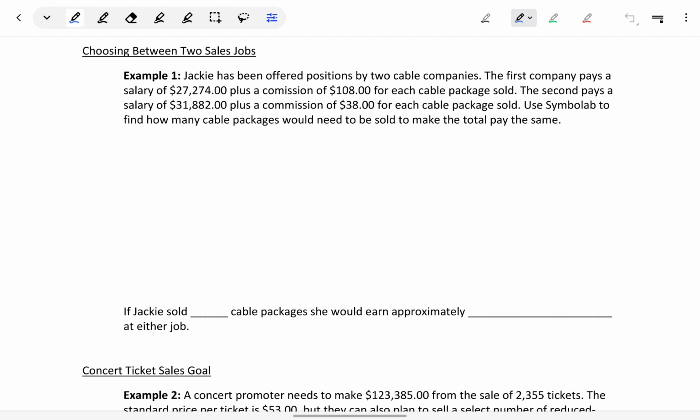Since we're using technology to generate these results, what we need to think about is how we set this problem up. Setting up correctly will lead us to the correct answers. What we want to do is break the information into two different pieces based off the company. So we have information about the first company.